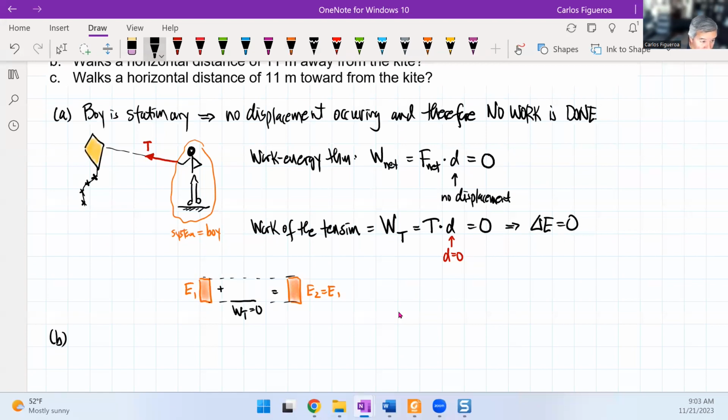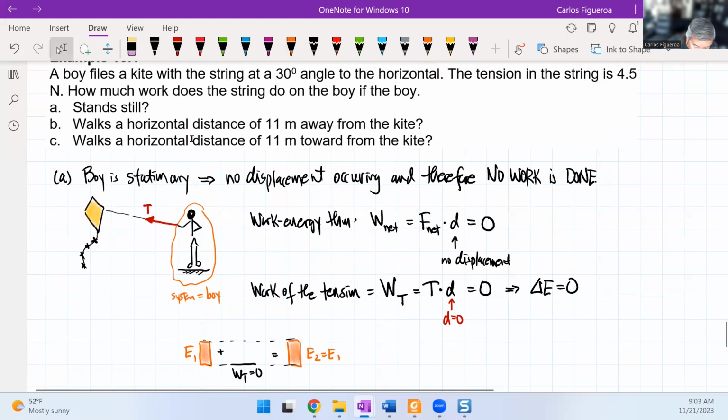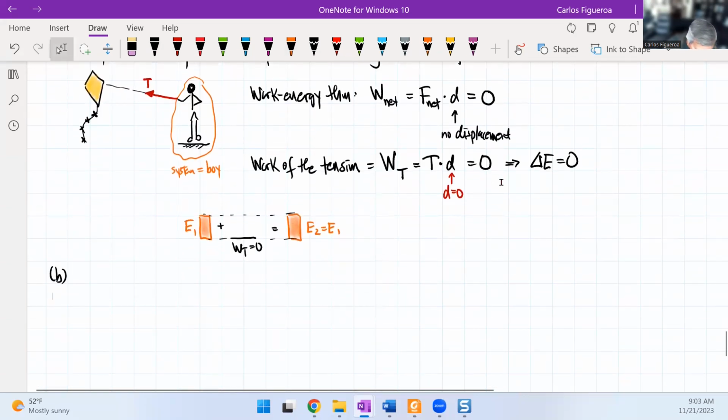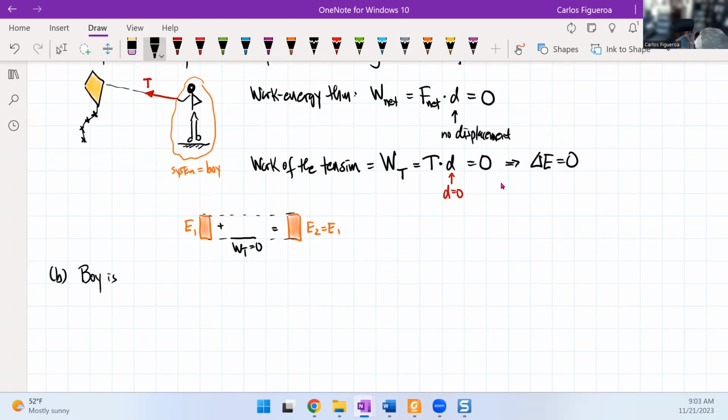But that's different if now it says that he walks away from the kite. So if you're now walking away from the kite, so now the boy is walking away from the kite, then what actually happens here?